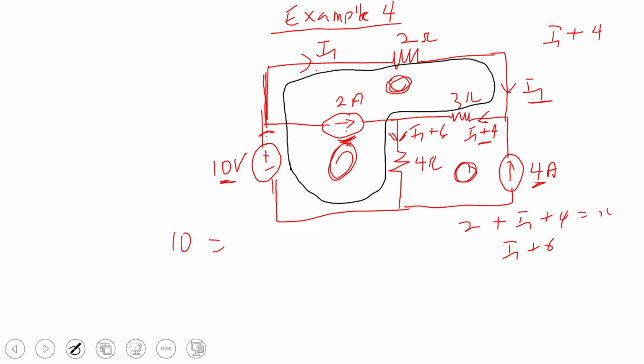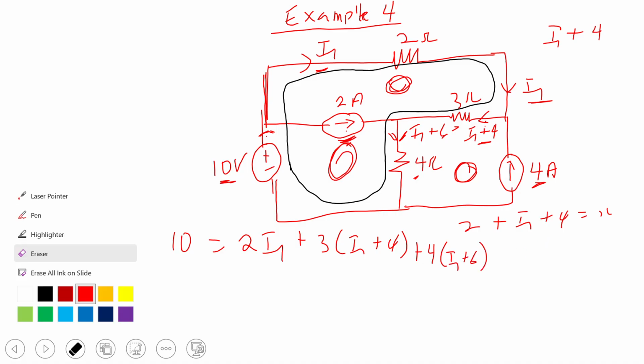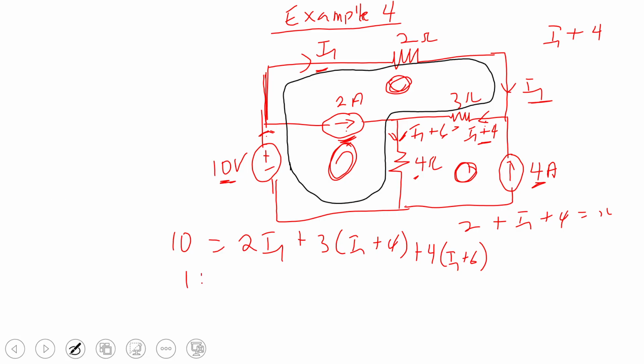So 10 is equal to, then here is going to be 2I1. Then here, I'm going to get plus, following the arrow direction, I1 plus 4. Then plus here is going to be 4 into brackets, I1 plus 6. Good. Now this is going to be 10 is equal to 2I1 plus 3I1 plus 12 and plus 4I1 plus 24.